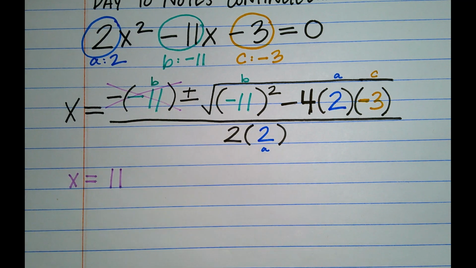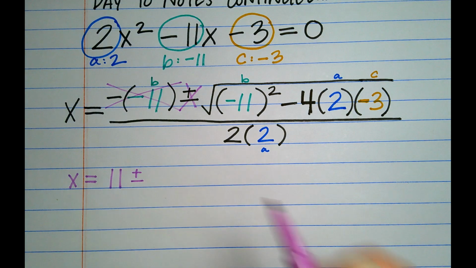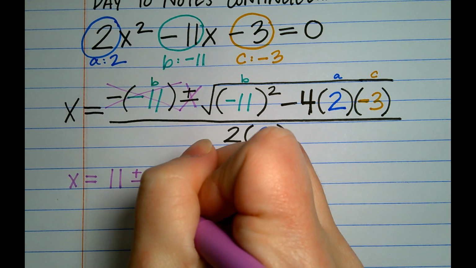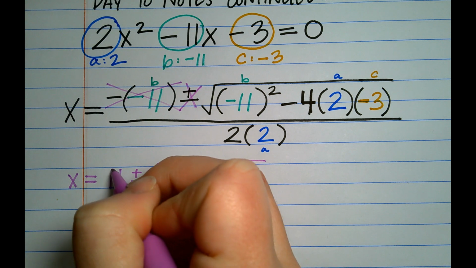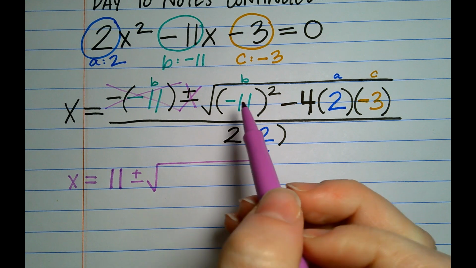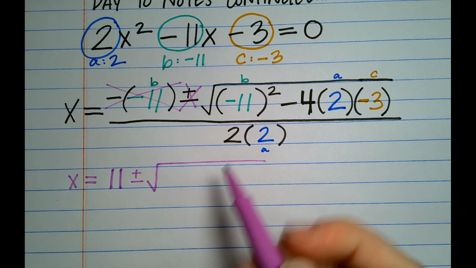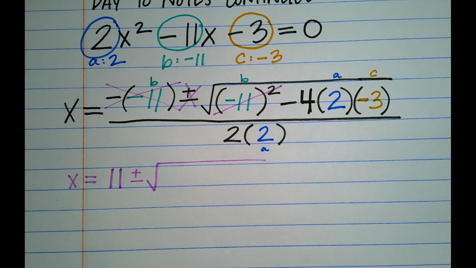So now I have positive 11. What's next? Plus or minus. Good. Plus or minus. Then I'll bring down my square root. Yes, so now we're going to do negative 11 squared, which, Cheyenne, you are correct, 121.